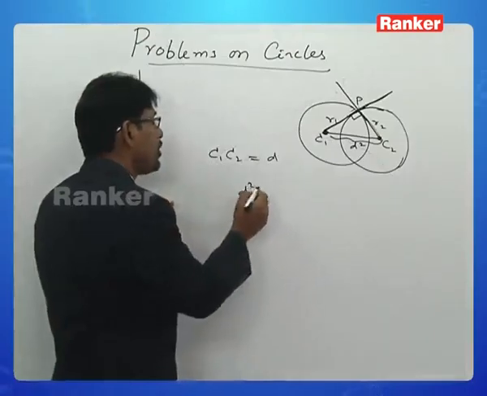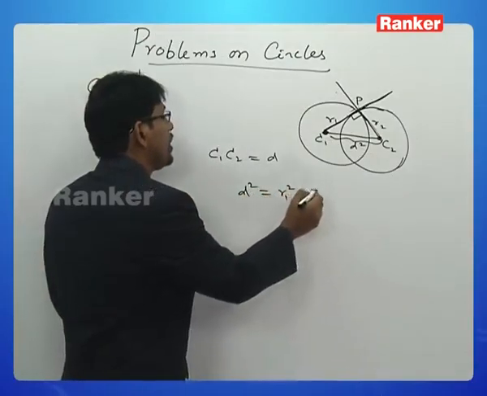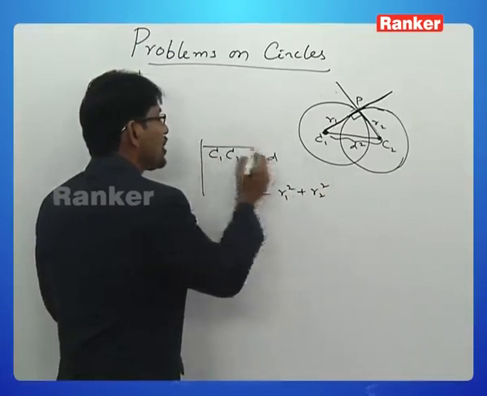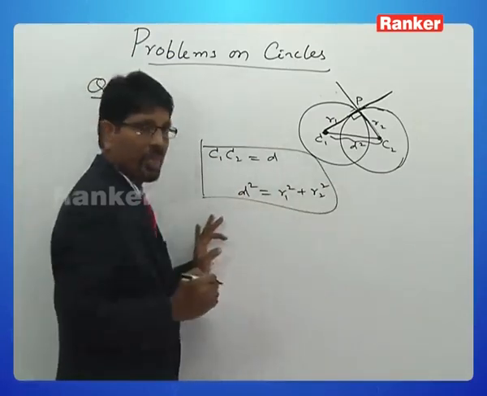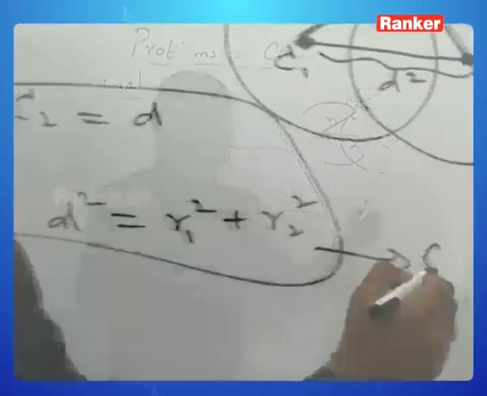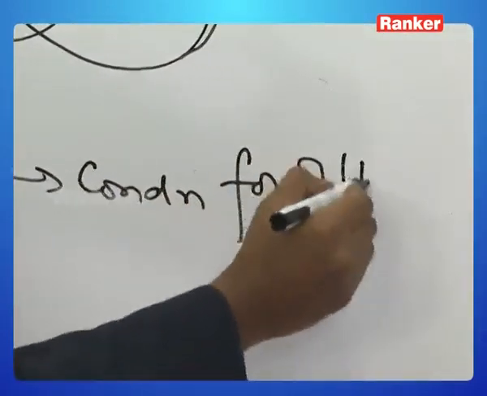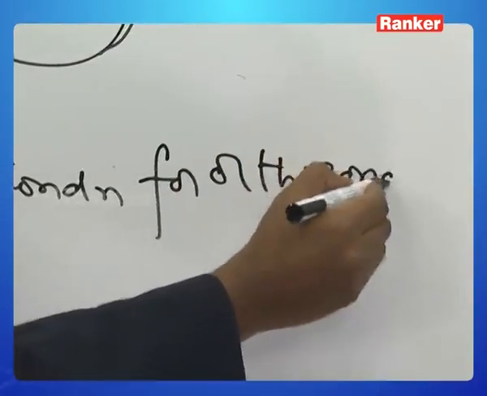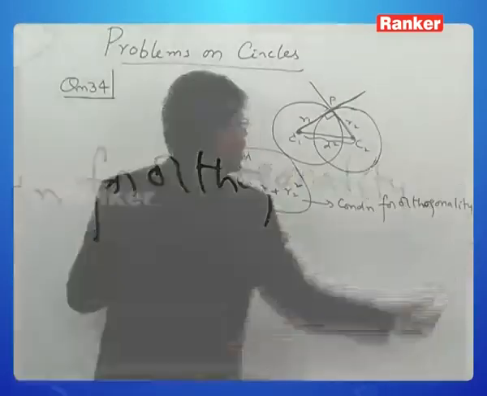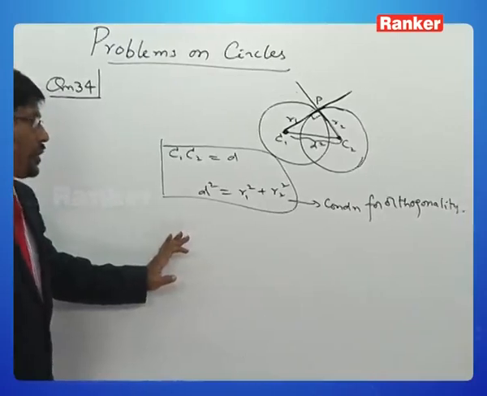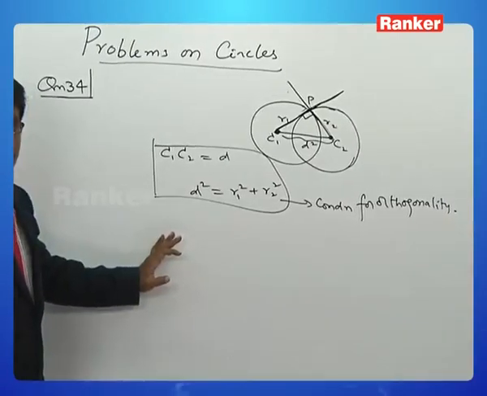So D square will have to be equal to R1 square plus R2 square. So this is the condition for orthogonality of the two circles.